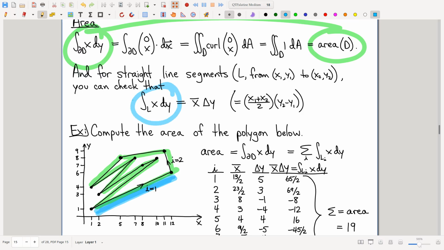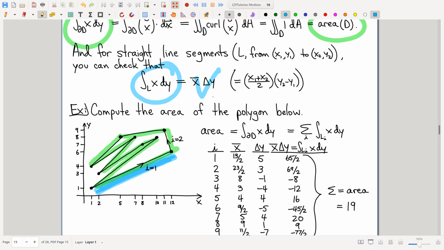And this is a calculation I think everybody should do. Parameterize the line segment. Plug and chug this integral computed only over one line segment, and what you will find is it simplifies super nicely: x-bar times delta y, the average value of x times the change in y.